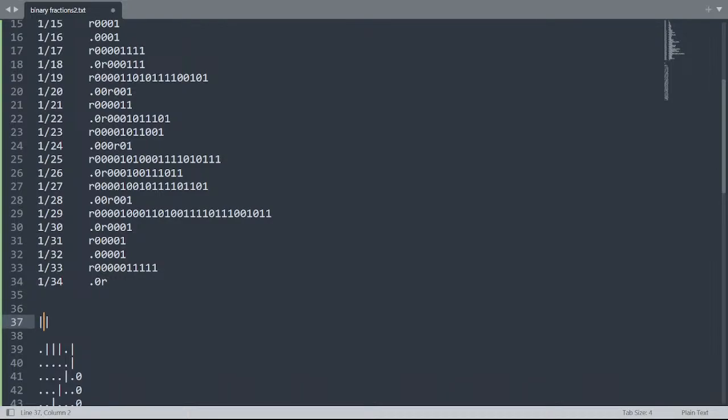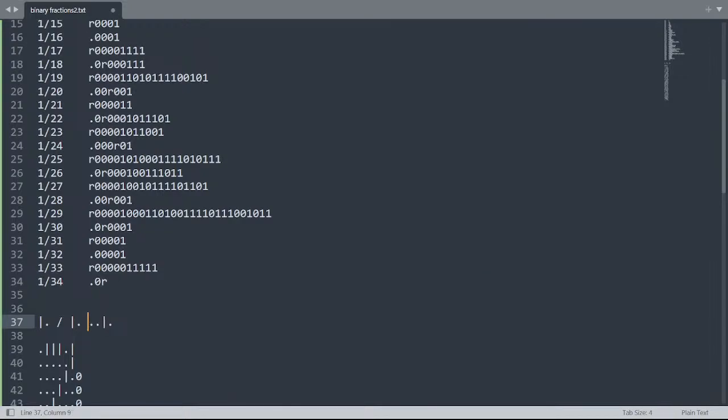Sorry, we're dividing it by 2, which looks like that. So that's right. You thought this was just calculating binary fractions. We're also doing long division in binary.